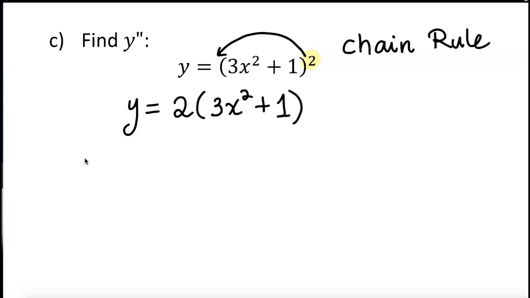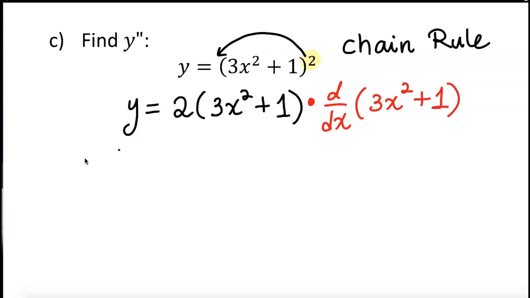And 2 will go down 1, so the new power is 1. So I don't have to write down that 1 there. But now remember to multiply this by the derivative of the inside function. So we're going to multiply this by the derivative of 3x squared plus 1, right?